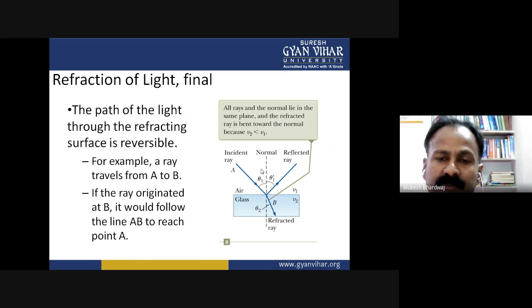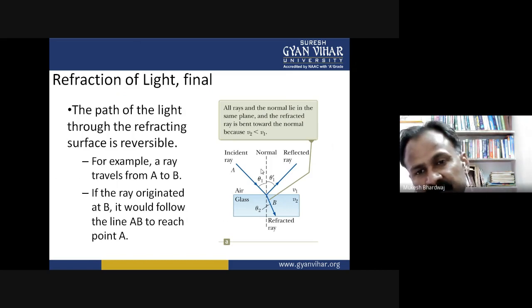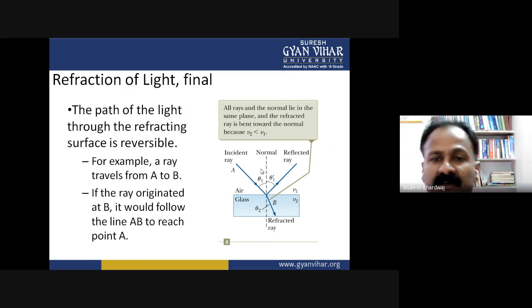Just have a look at this diagrammatic representation of refraction of light. All rays and the normal lie in the same plane, and the refracted ray is bent toward the normal because the velocity of light in the second medium is less than the velocity of light in the first medium, the air. So the light travels through the glass with lesser speed.